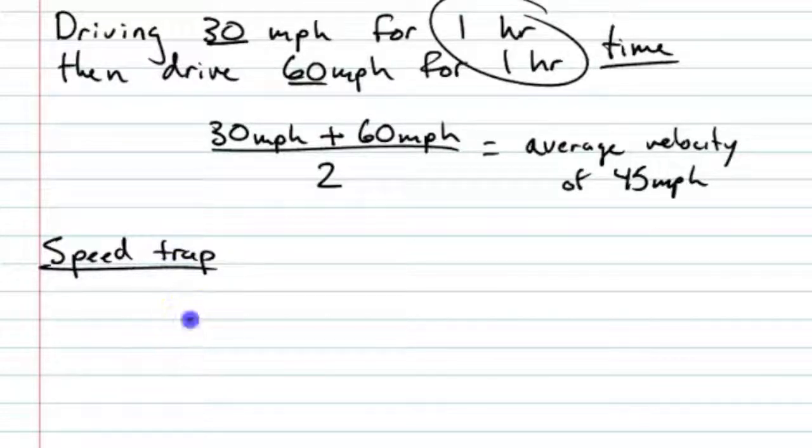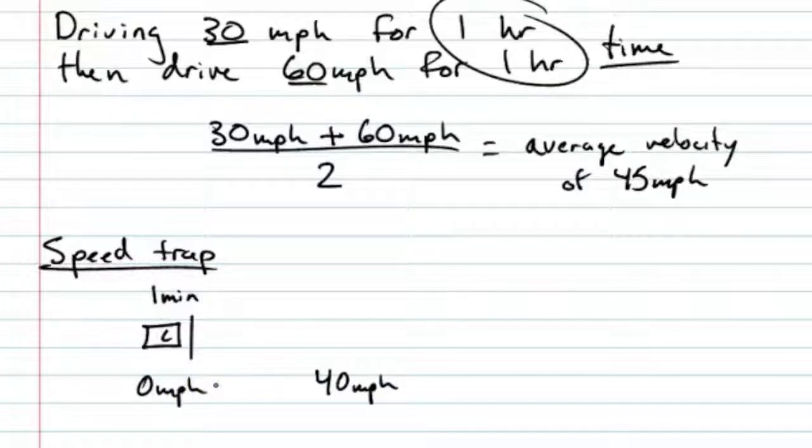Now, if you were sitting at, and excuse my really poorly drawn car, at a stoplight here for 1 minute, but then in the next minute you were going 40 miles per hour, and here you were going 0 miles per hour because you were stopped, and the speed limit was 30, and the cop sitting here with his speed gun clocks you going 40 miles per hour, in that instant you would be speeding because he would get you going exactly 40 miles per hour.